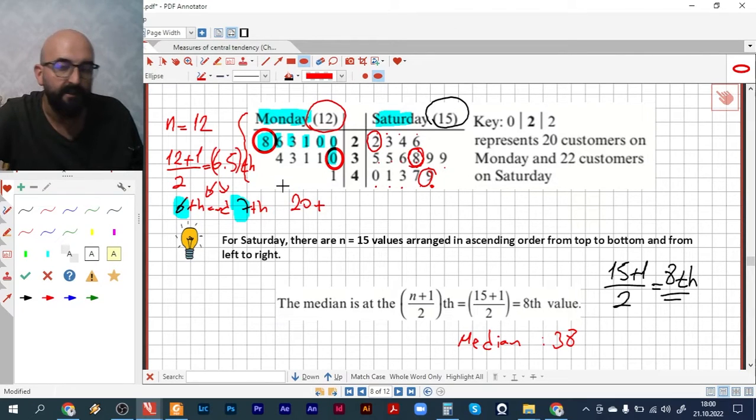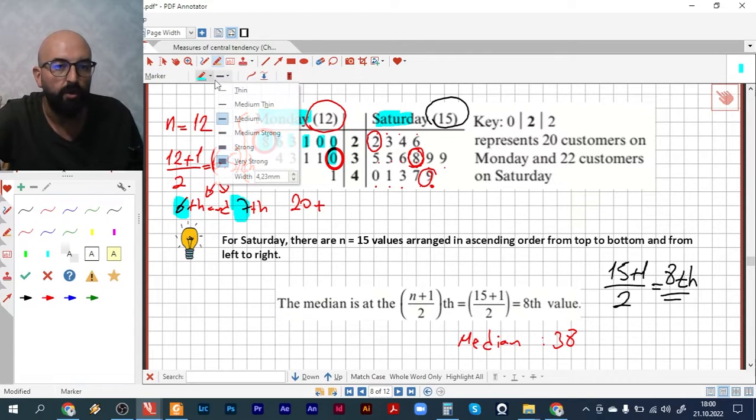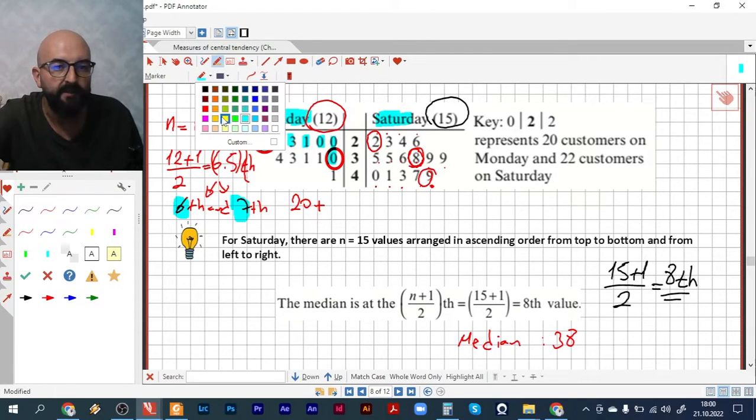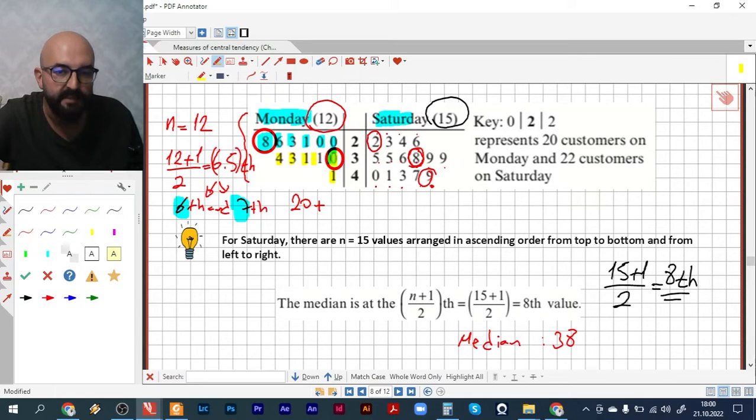You can start from the biggest value, for example 41, and also you can find the same value: 1, 2, 3, 4, 5, 6 and 7.